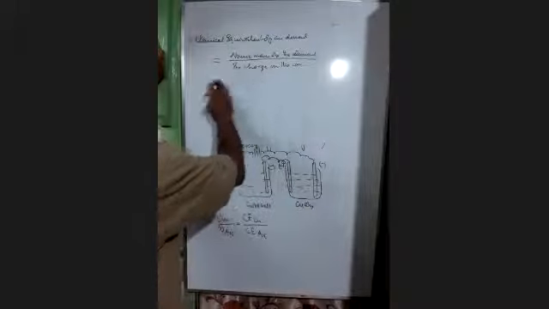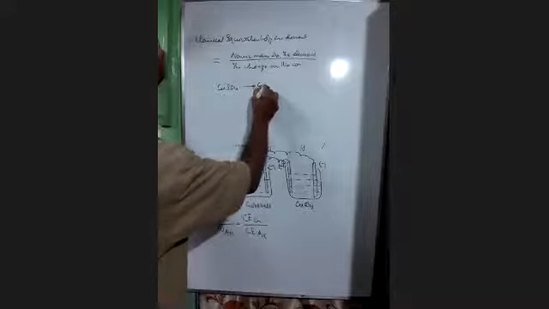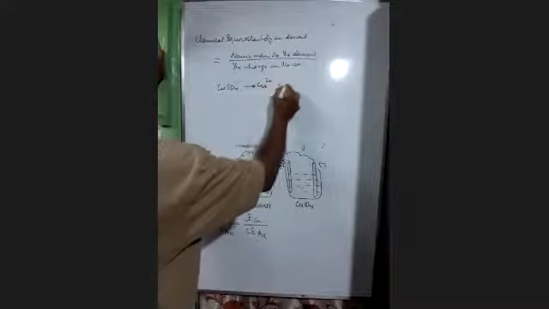See, copper sulfate. When copper sulfate breaks down, what do you get? Copper sulfate breaks down to give you Cu2+ and SO4. They have already mentioned the charge of gold is +3.